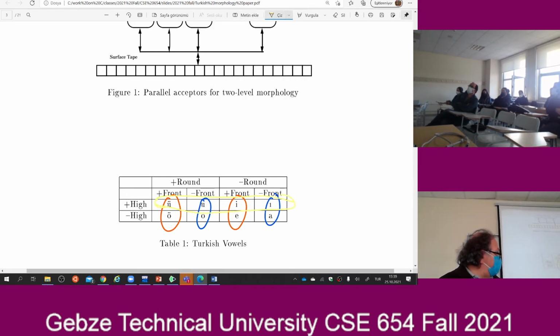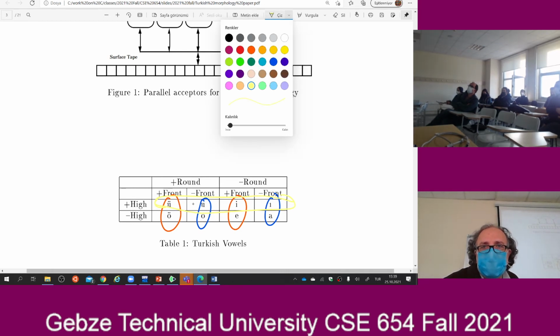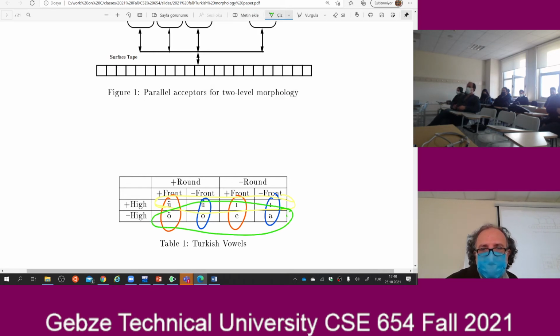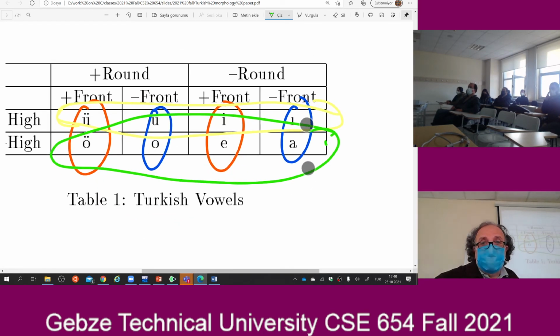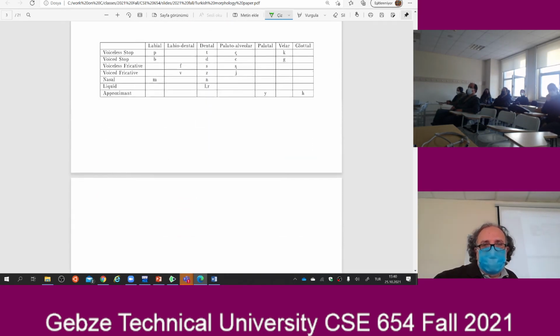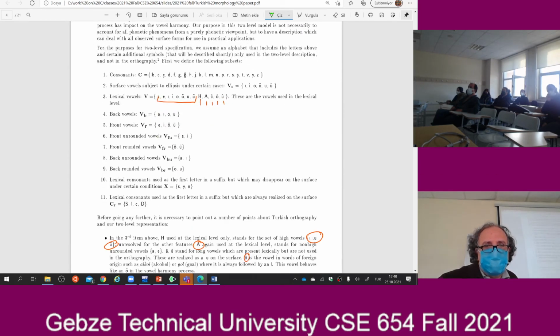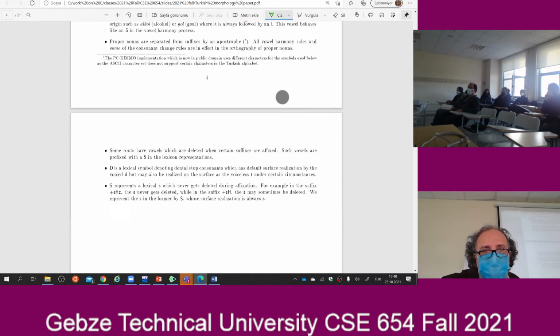Yellow, can you see the yellow? Yeah. And low vowels are these. Each one has a different name, and we will come back to this and see what they mean when we look at the rules. Okay, let's go back to the rules.